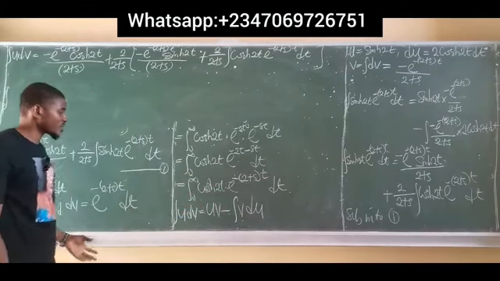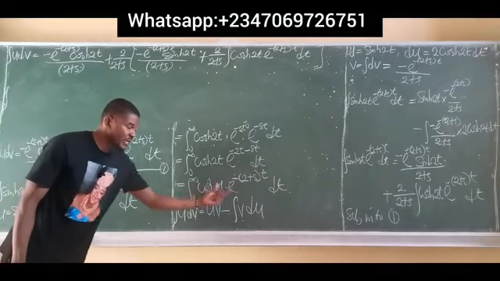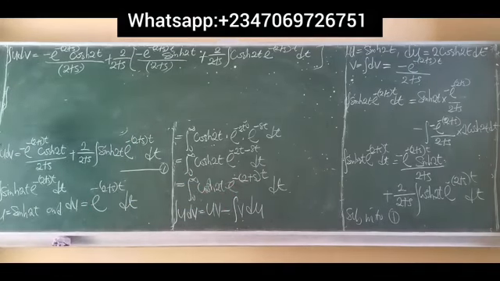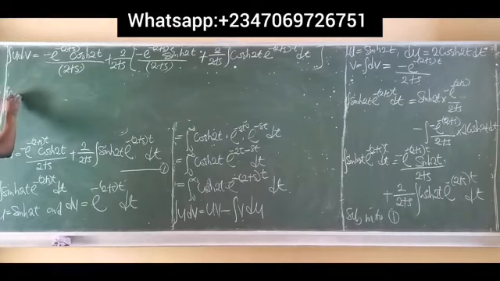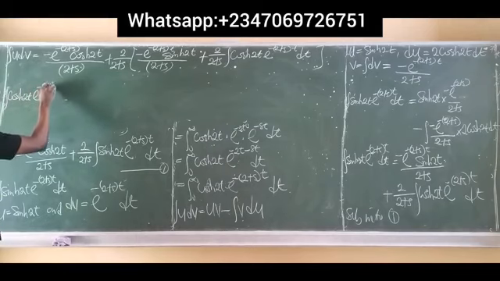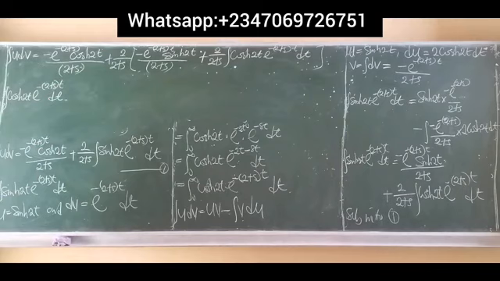So let's plug these values back into the equation, because this is what we were integrating earlier. In place of u is cos 2t and dv is e to the power of minus (2 plus s)t times dt. This is what we were integrating earlier.